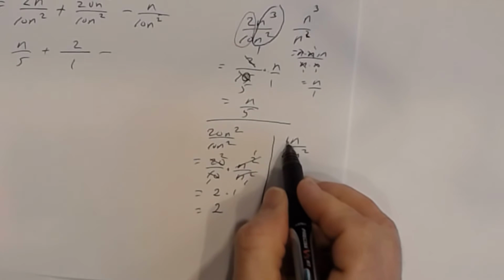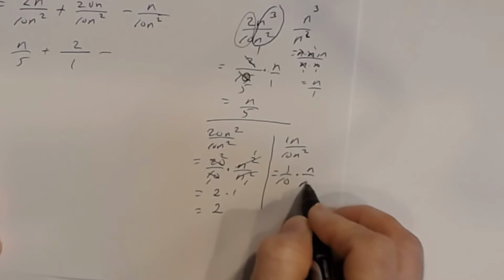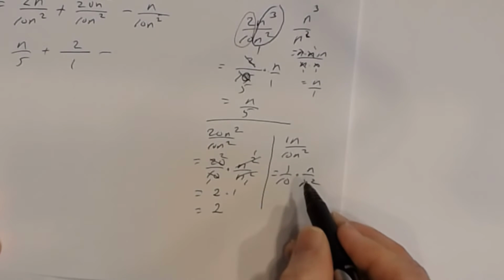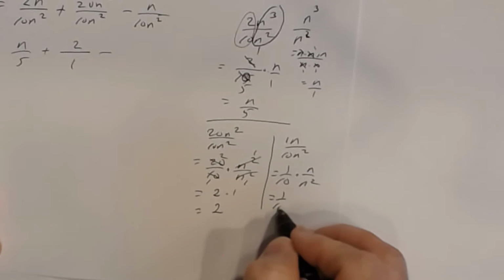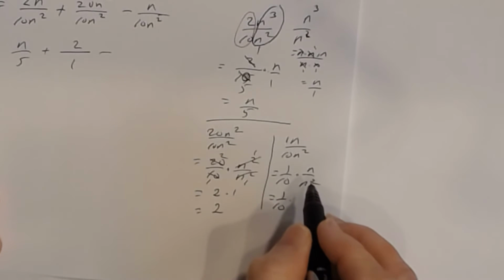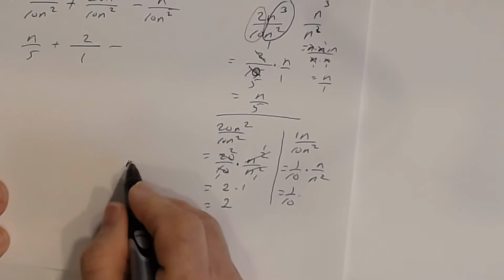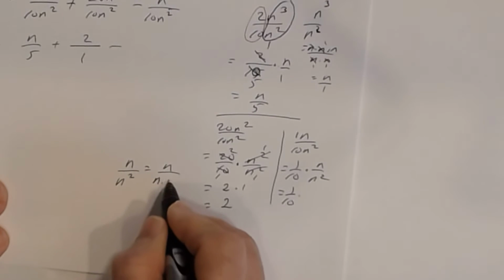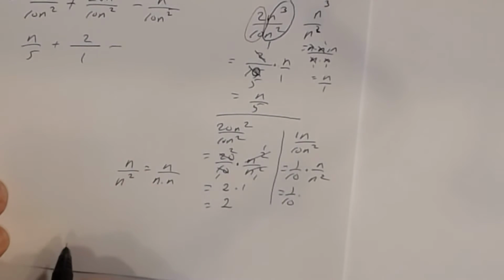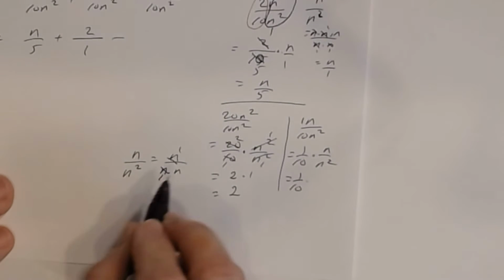So it may help you if you put a 1 there. So now you can say I can write this as 1 divided by 10 times n divided by n squared, and then simplify. Well, I cannot simplify 1 divided by 10, so I'm going to leave it as 1 divided by 10. But I can simplify n divided by n squared, because I know n divided by n squared means n divided by n times n. So remember, n squared means n times n. And then reduce, the n's divide out, and notice what happens.